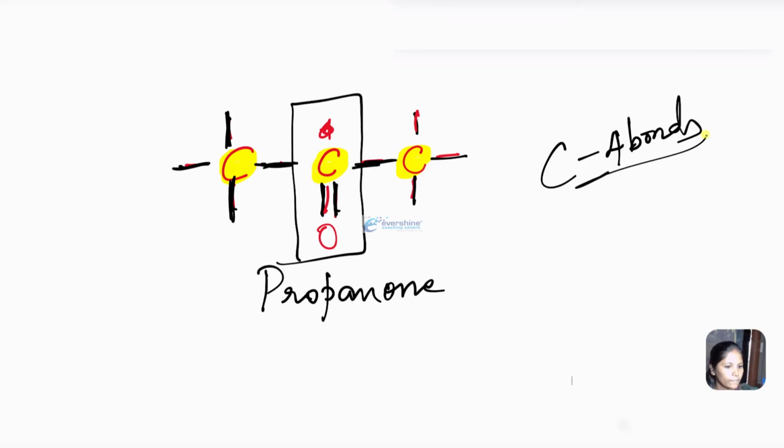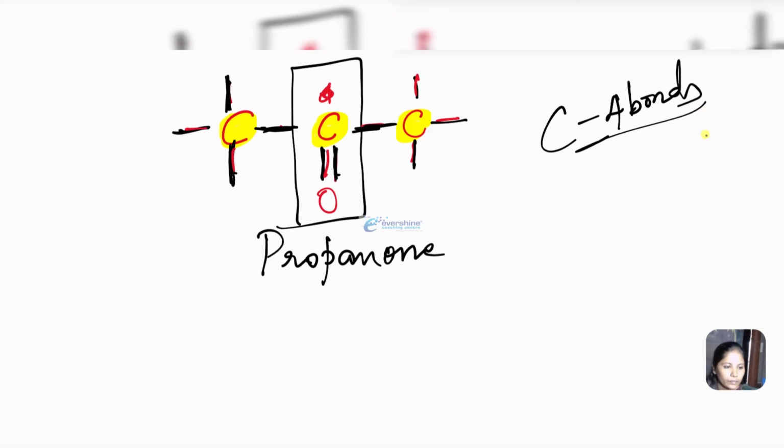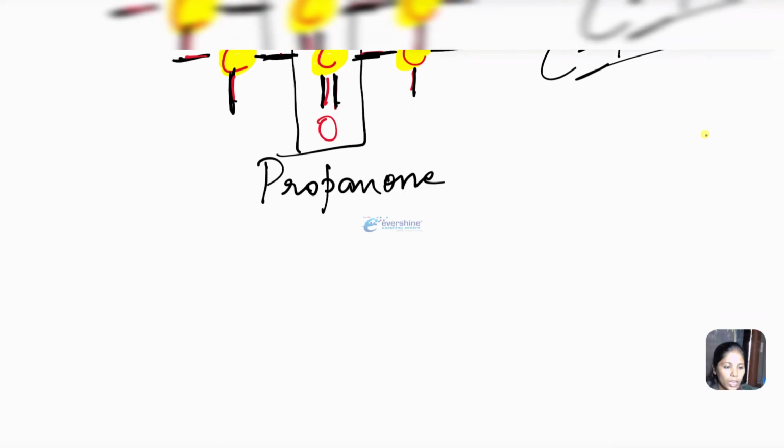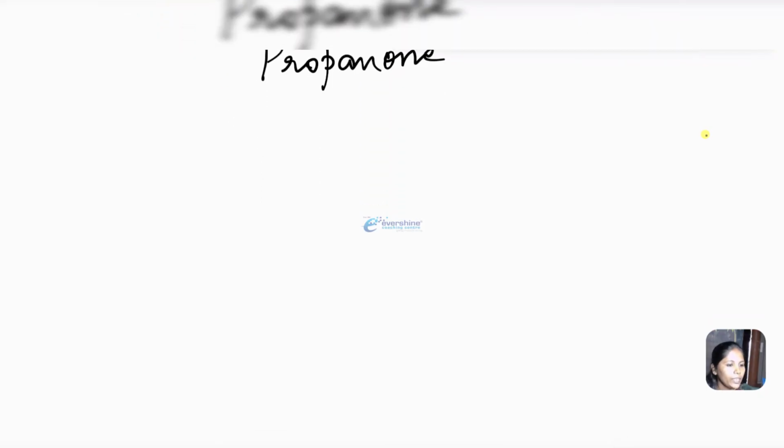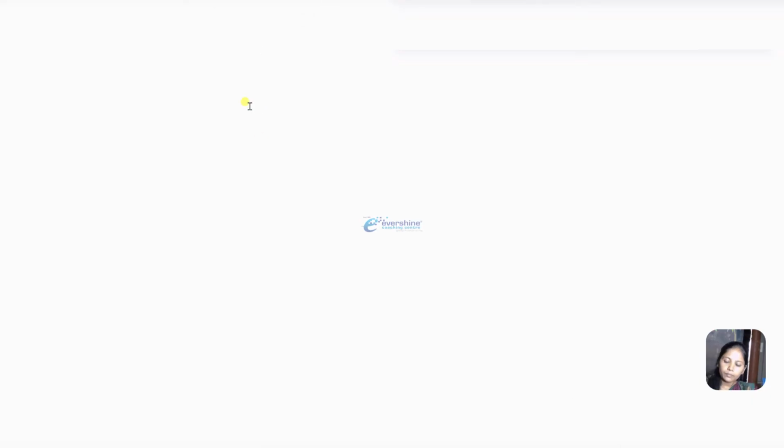Now I'll give the name and you need to write the structure: pentanamine. How to write the structure of pentanamine?